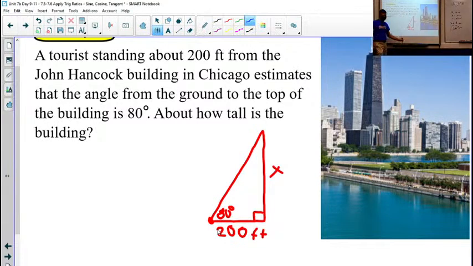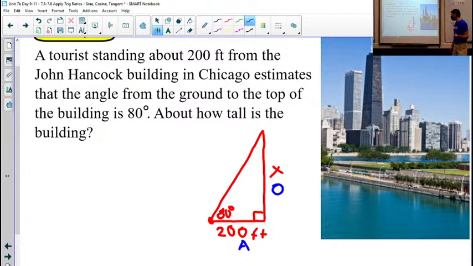What do we know? What are we trying to find? We know this side right here is my adjacent. We are trying to solve for my opposite, across from my 80. Don't care about the hypotenuse, not labeled with anything.